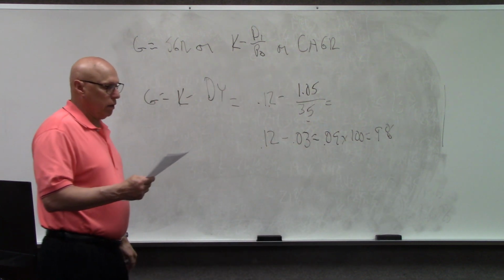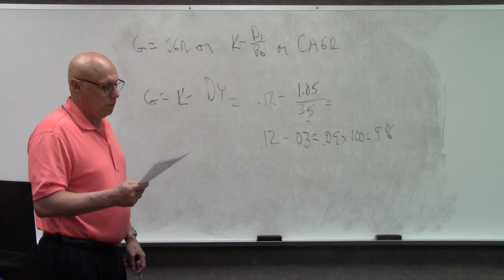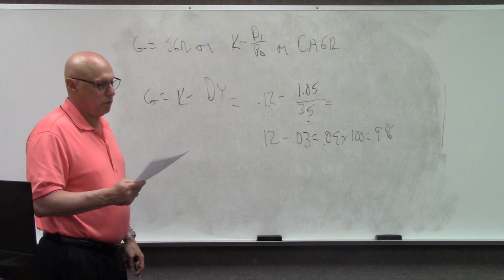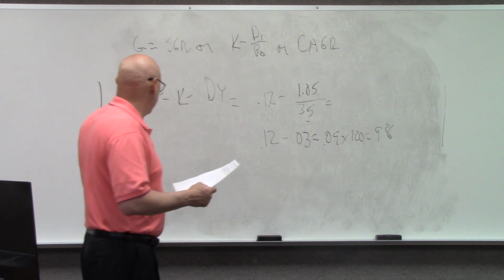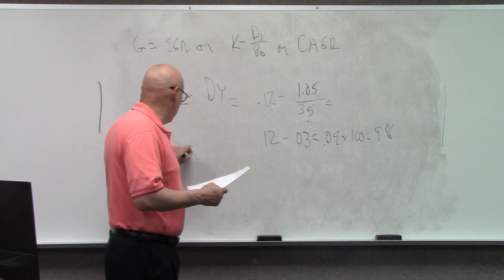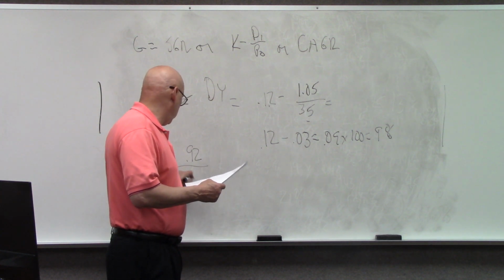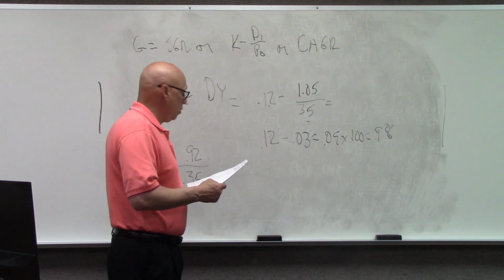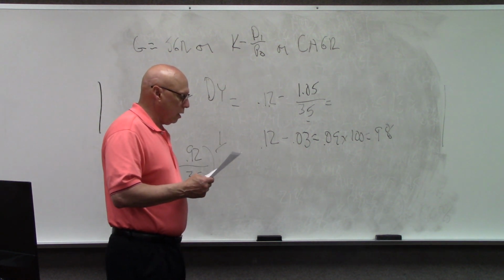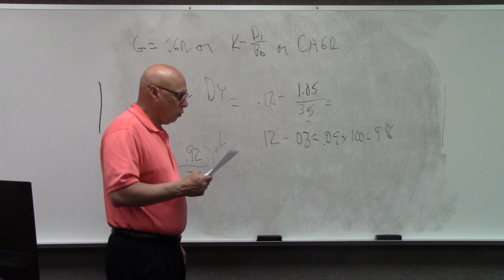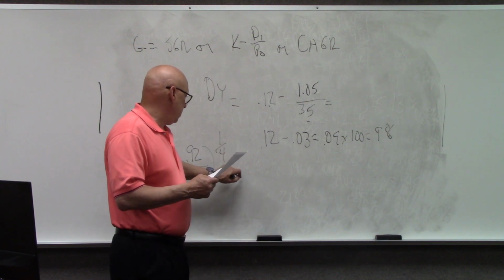All right, now let's do CAGR. A company has paid the following dividends: 35 cents, 45 cents, 60 cents, 75 cents, and 92 cents. What is the CAGR of dividends? The CAGR is 0.92 divided by 0.35, raised to the 1 over n, which is 5 minus 1, 4, minus 1.